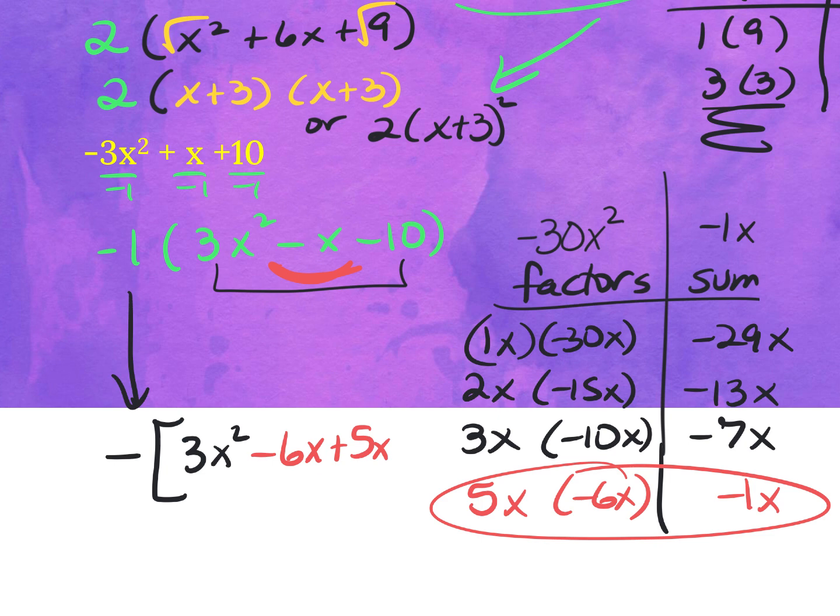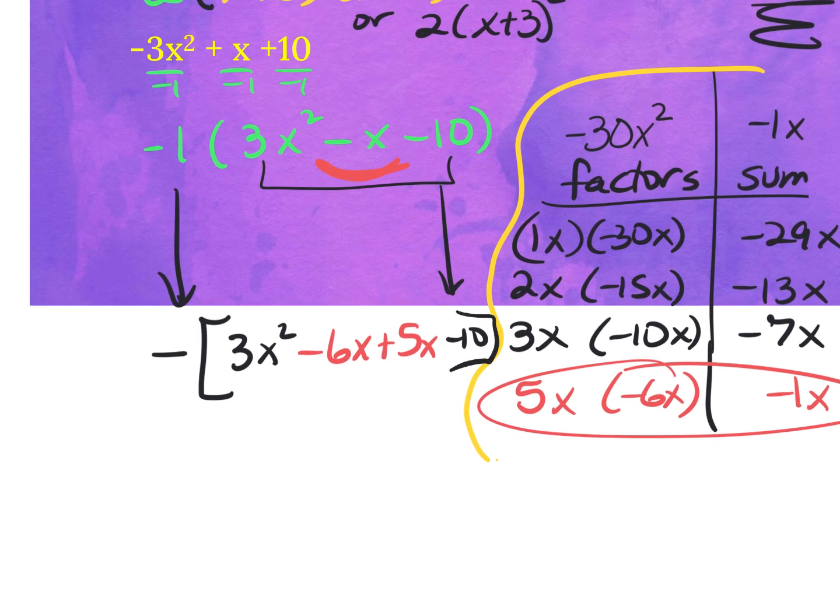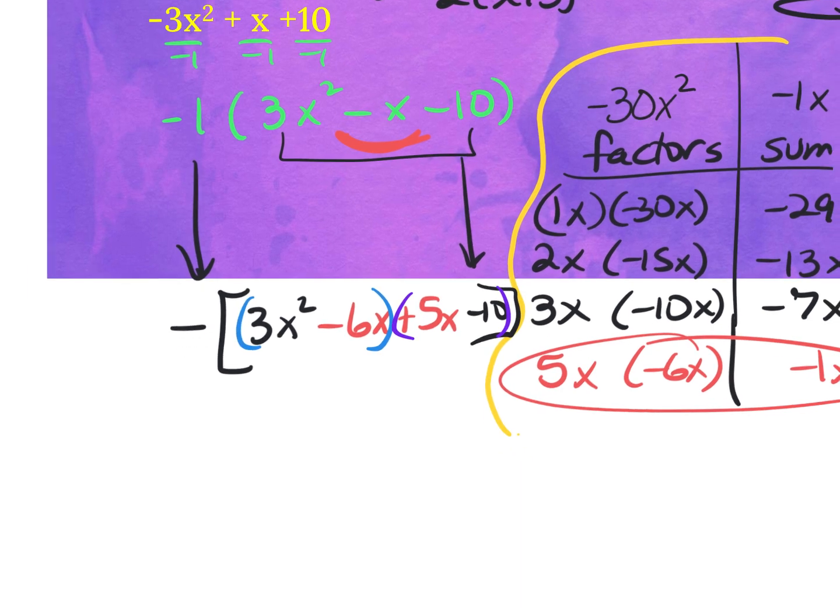And then I'm rewriting the negative 10. So now I need to make my groups. So I can make a blue group here, and I can make a purple group. So now my GCF of blue is going to be 3x.